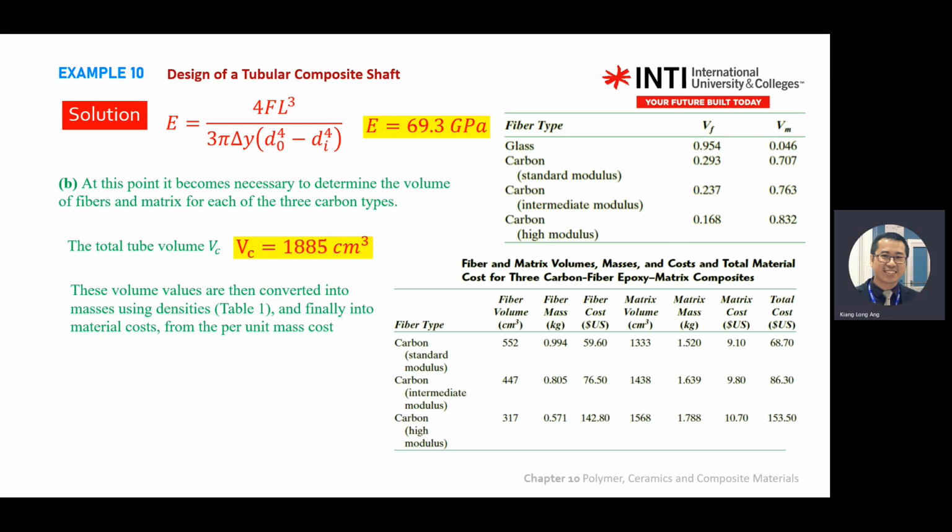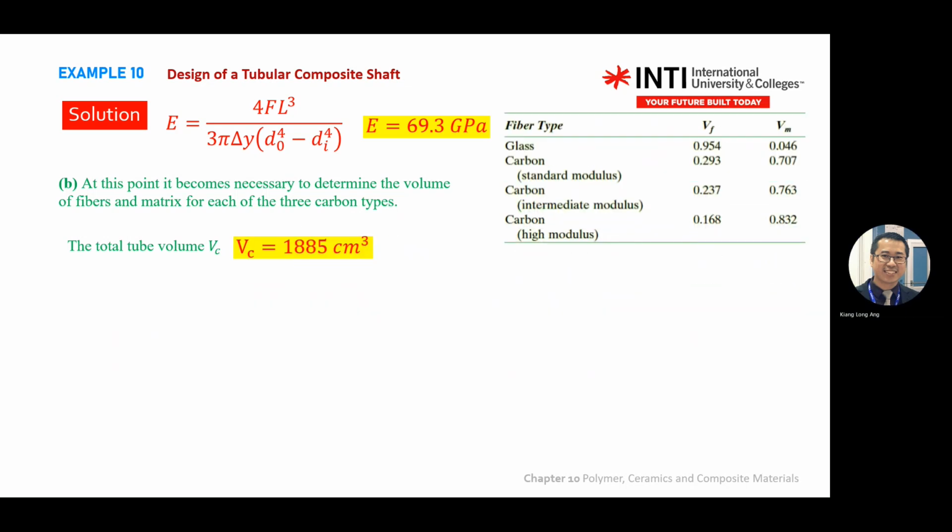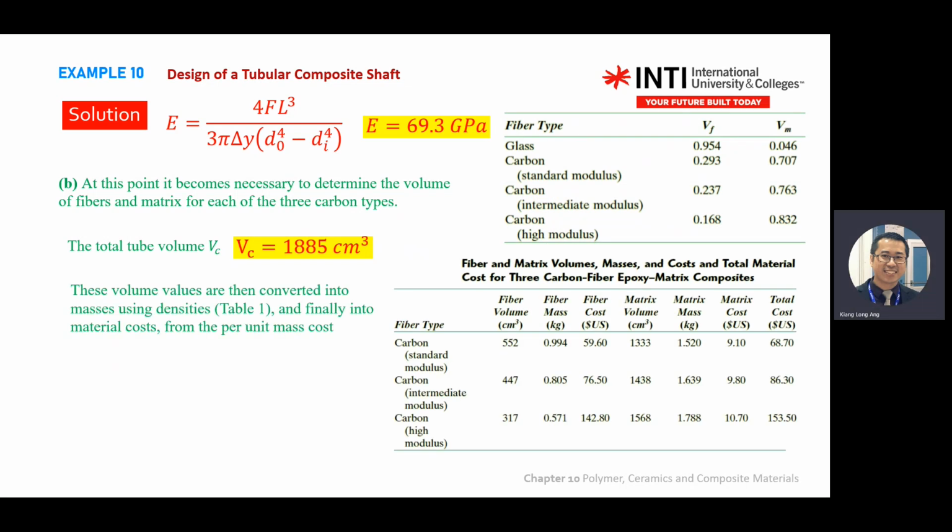Right? So for your fiber, you do the calculation based on fiber volume, because from this VC, you can have a VF already. So with VF, you can calculate the volume. Okay, and you can find all the parameters outside.